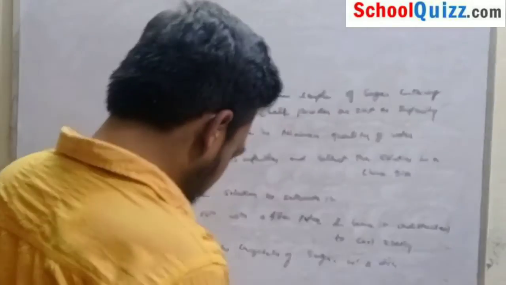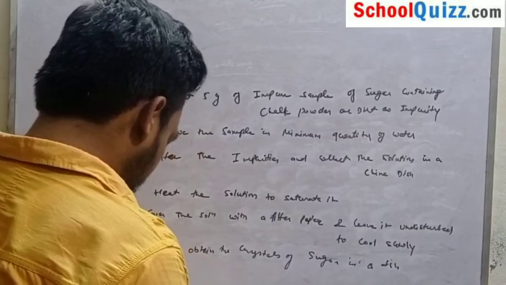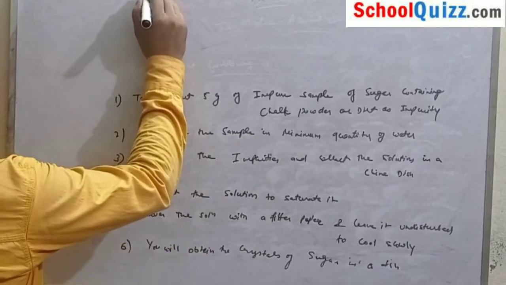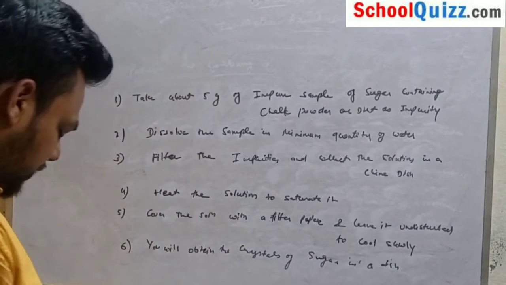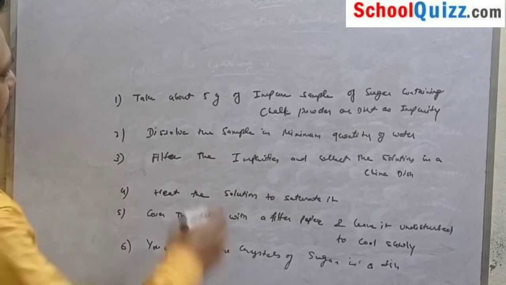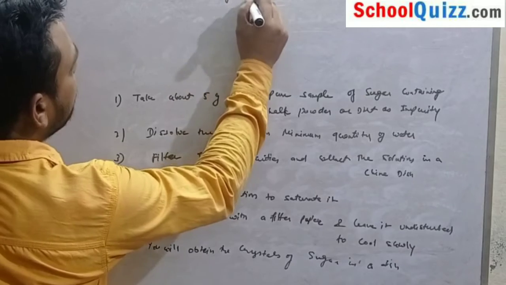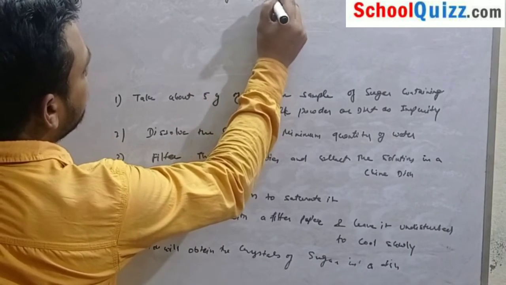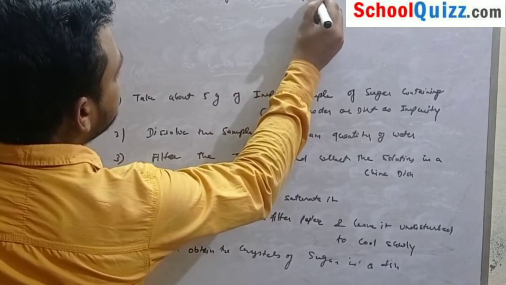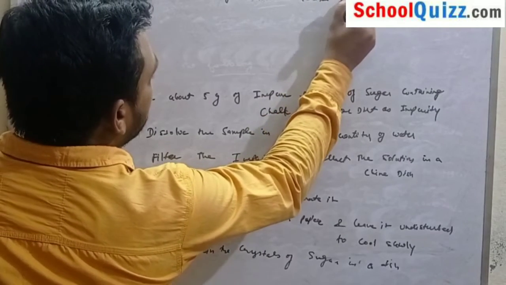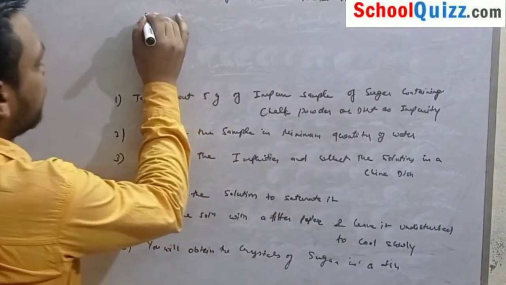Three questions are given, and we have to answer them. First question is, what do you observe in a china dish?